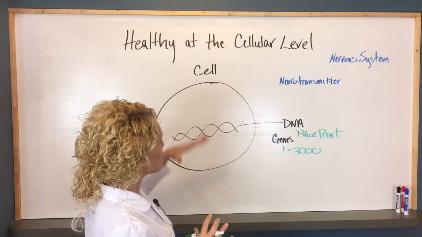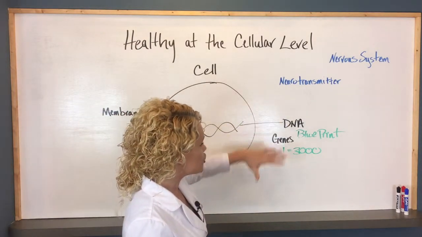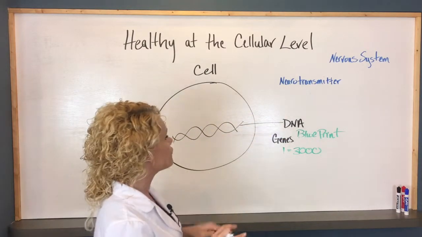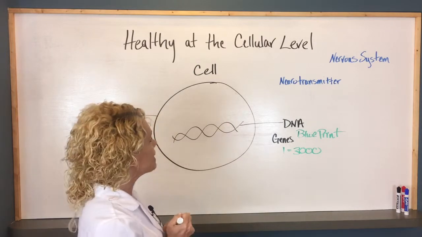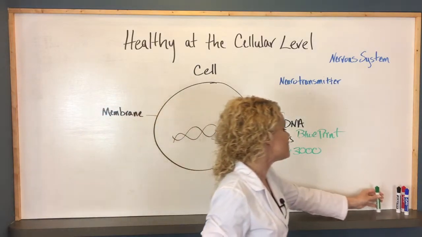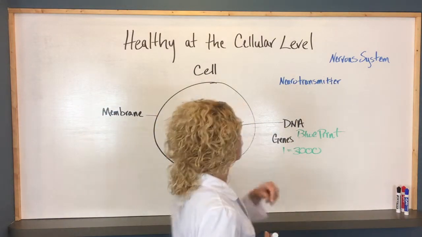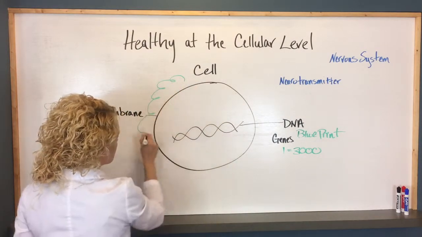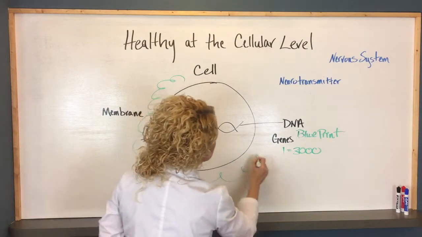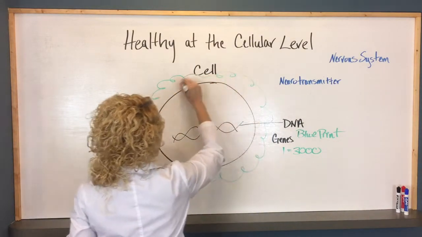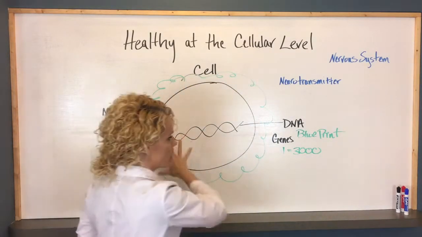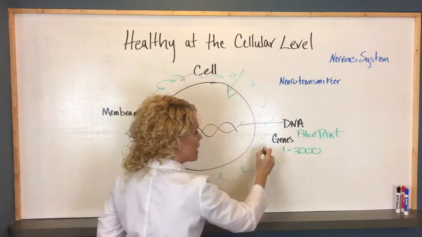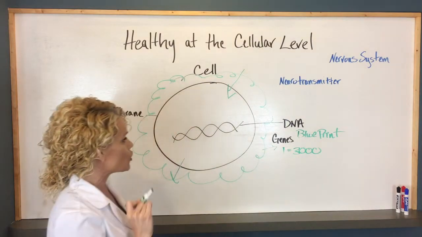So how do we turn on and off these genes and this DNA? Well, that comes from the environment of the cells. So the cellular environment, the substance that surrounds the cells, dictates how the cell will function and what is able to get in, what is able to get out, and what the expression overall is going to be.